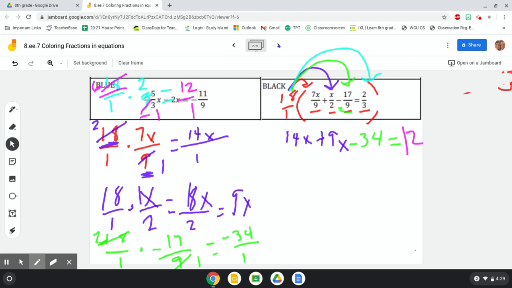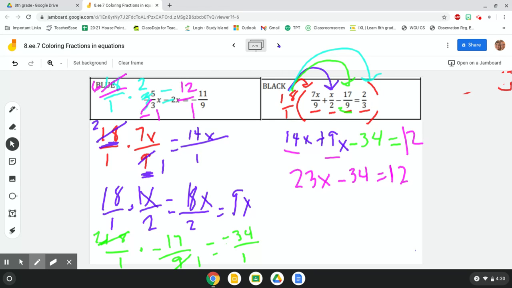All right, now I don't have any fractions. I can go ahead and do whatever distributive property is left, which there isn't. Second, combine like terms. I do have some like terms here, so I'm going to do that next. So 14x plus 9x should give me 23x. Bring down that minus 34, and that equals 12.